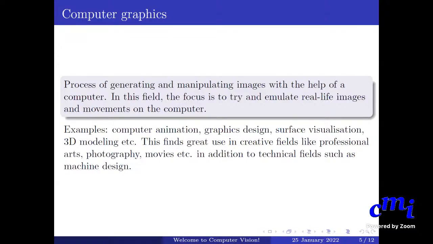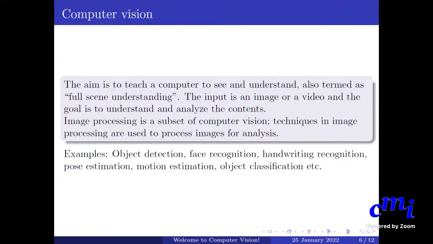Computer vision, on the other hand, is the opposite. In this, you don't want to emulate what you see in real life, but you want to, from the 2D image or from videos, understand what it was in the three-dimensional world.